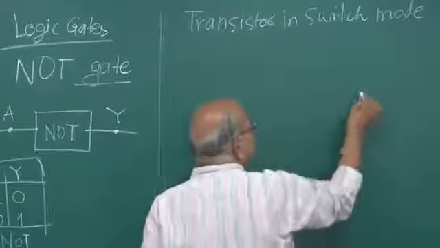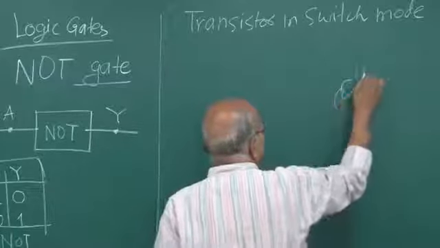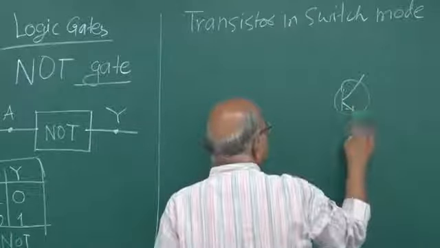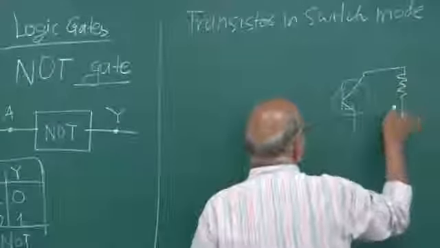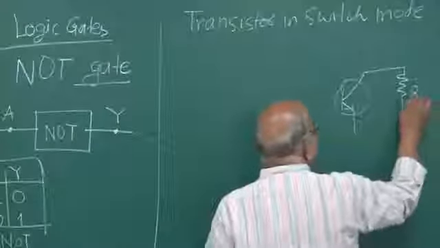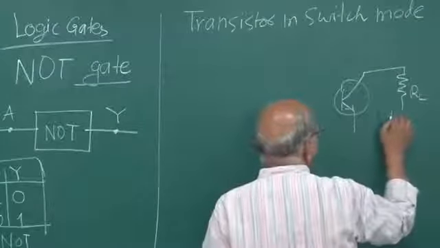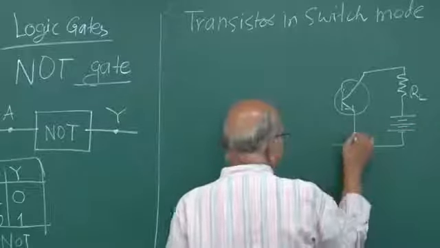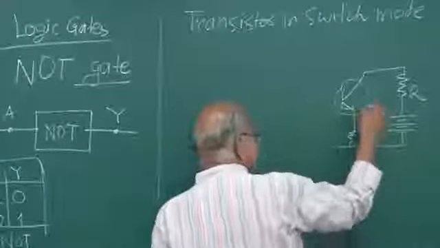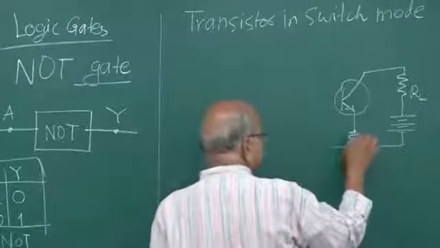So if you take an NPN transistor as we had been doing, you have that load resistance or collector resistance, and then you put your biasing here. You put some resistances, some capacitances, all those things I am not showing.